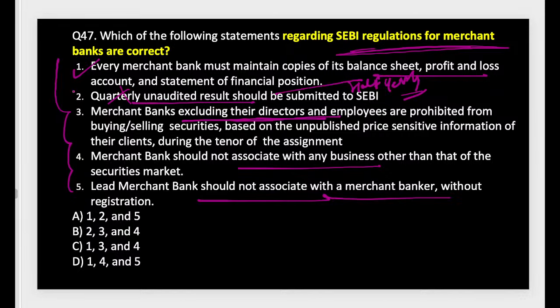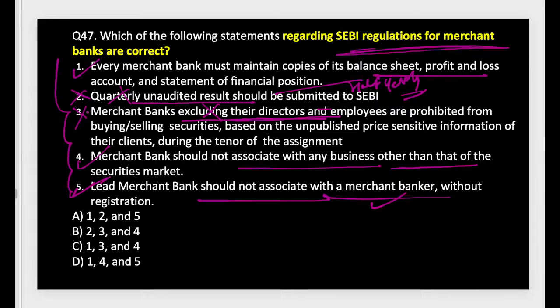If I'm wrong. Merchant banks, including their directors, are prohibited from trade. Merchant banks should not be associated with any business other than the securities market. And the next one is a lead merchant bank should not associate with a merchant banker without registration.